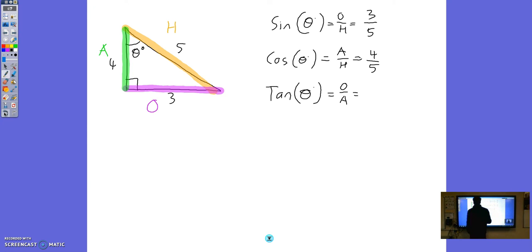In this case, the opposite is 3 over our adjacent, which is 4. So that's just a brief introduction to our trigonometry ratios and how to use them to obtain fraction values of a right angle triangle. Good luck.